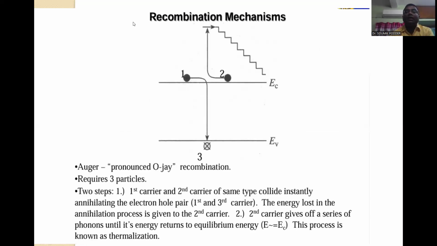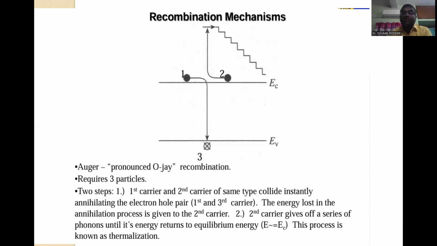Again, this is another phenomenon, which is called Auger recombination. Auger recombination requires three particles. The first carrier and second carrier will be of the same type. They collide instantly, annihilating the electron-hole pair, the first and third carrier.